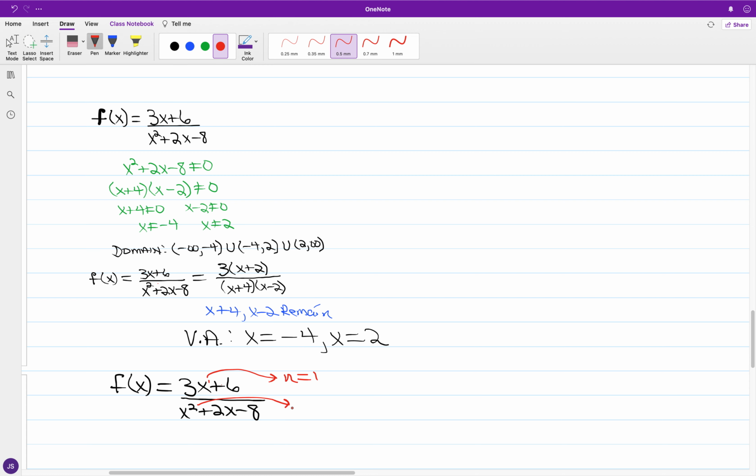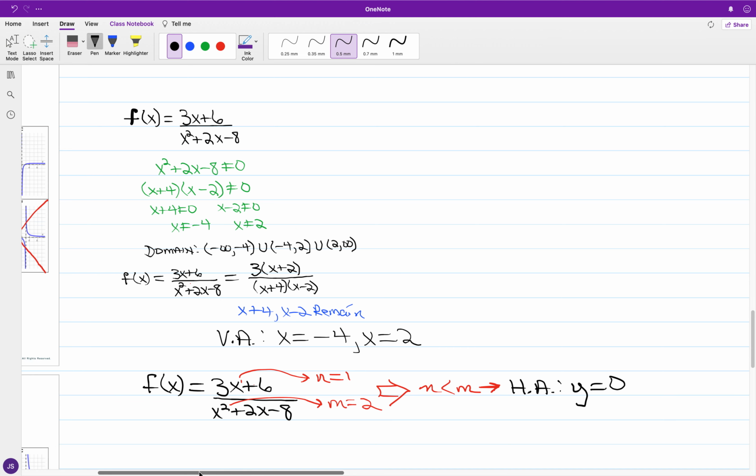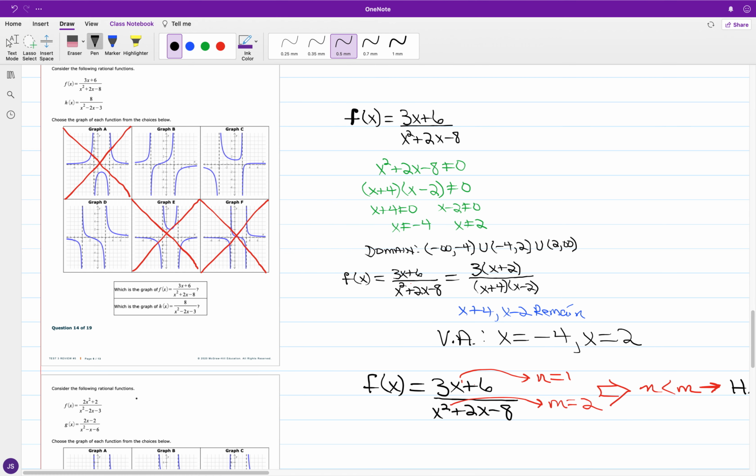In the denominator, m is equal to 2. So n is less than m, which signals that we're going to have a horizontal asymptote at y equal to 0. Let's see if that makes a difference in the process of elimination.